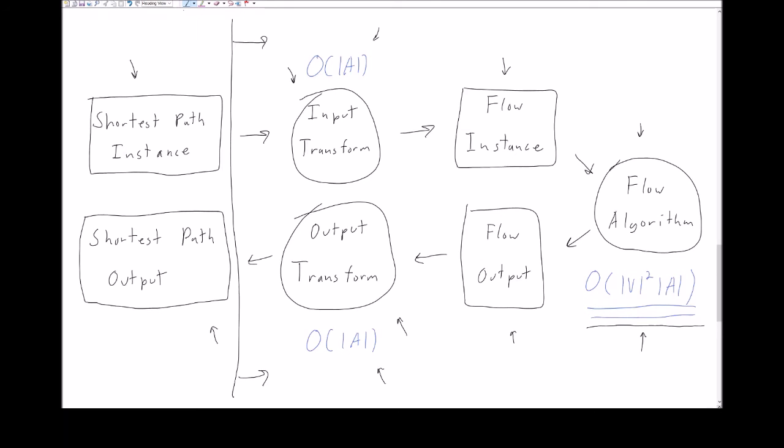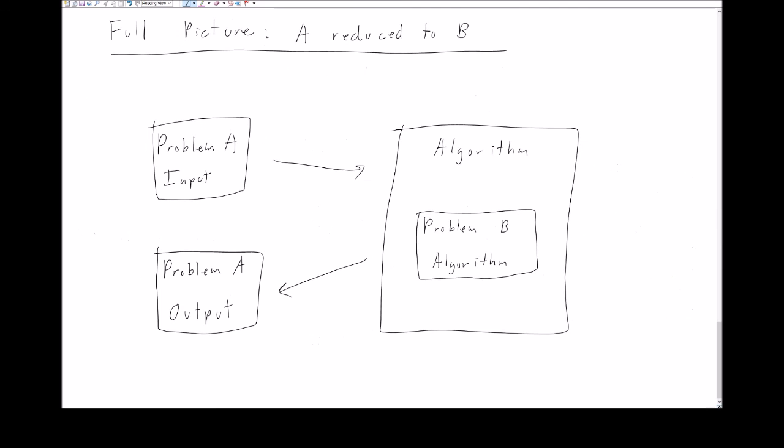We can take this picture and we can organize it just a little bit better. Here's the general idea behind a problem reduction. We have a problem A, and we'd like to reduce it to problem B. In our previous case, problem A was the shortest path problem, and problem B was the min-cost flow problem.